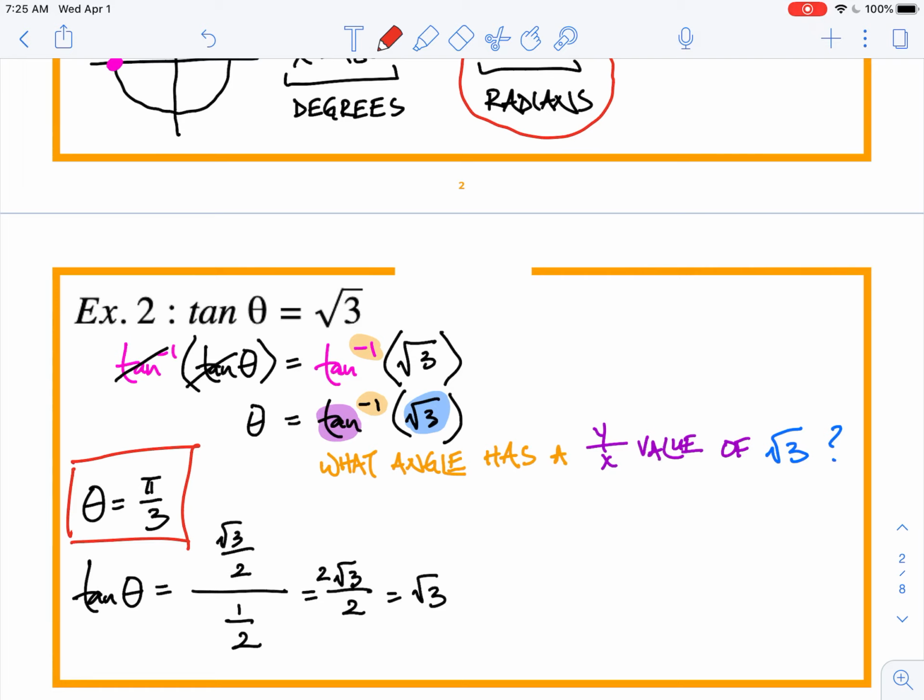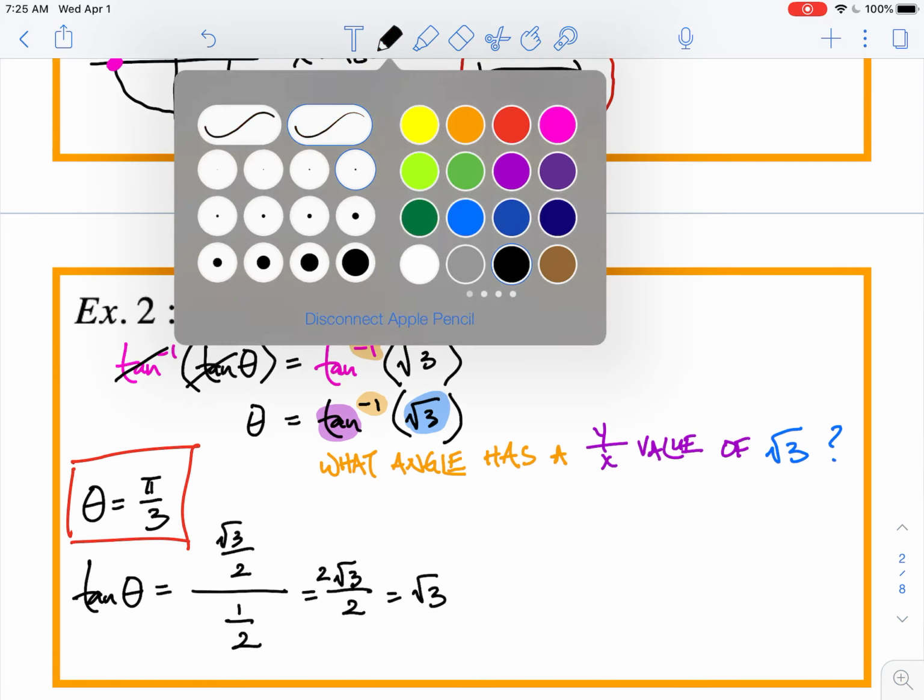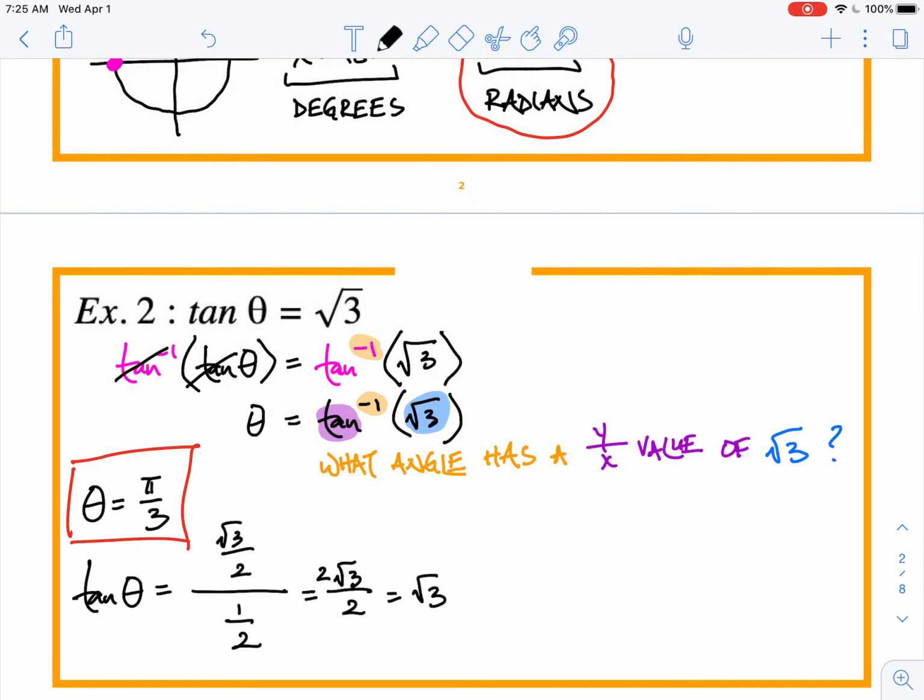Now, it turns out, though, that there is another angle on the unit circle that has the same y divided by x value. And so let's go ahead and see where else we might find that. If I keep looking around the unit circle, I'm going to get to a place where I realize there's a negative root 3 over 2 as the y value and a negative 1/2 as the x value. And that is going to simplify to a root 3.